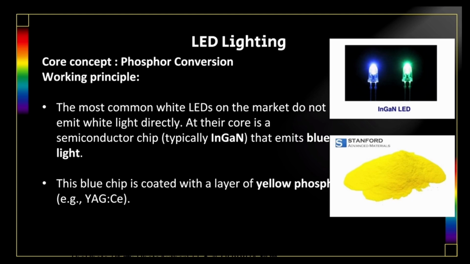As you can see on the top of the right picture, the core of the LED is a semiconductor chip, typically made of indium gallium nitride. This chip will emit blue light, not white light. To create the white light, researchers coat the blue chip with a yellow phosphor powder, which is shown in the bottom of the right picture.